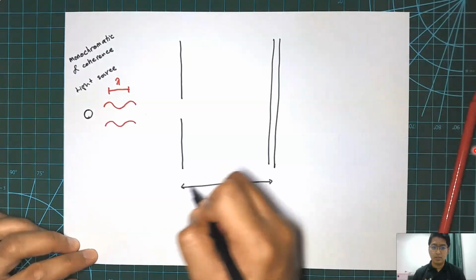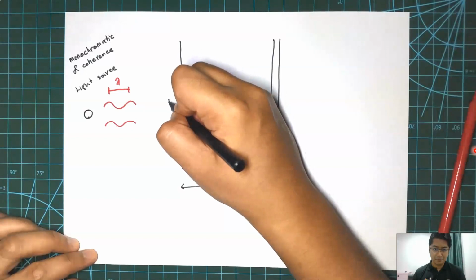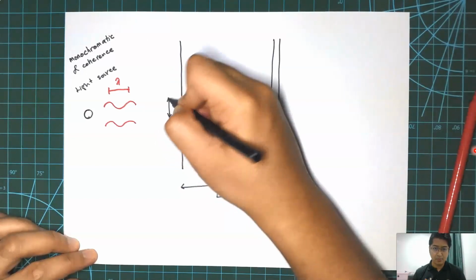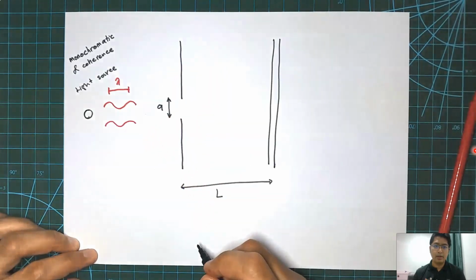This is the distance between the slit and the screen. The width of the slit is denoted by A.